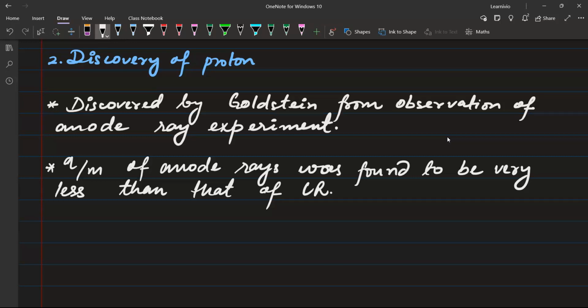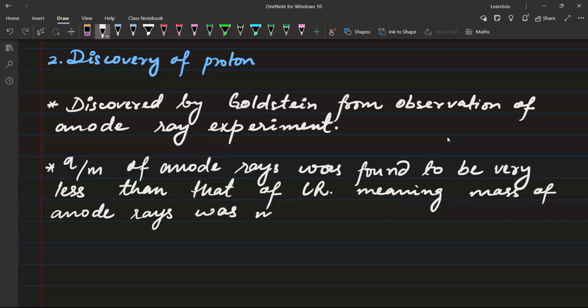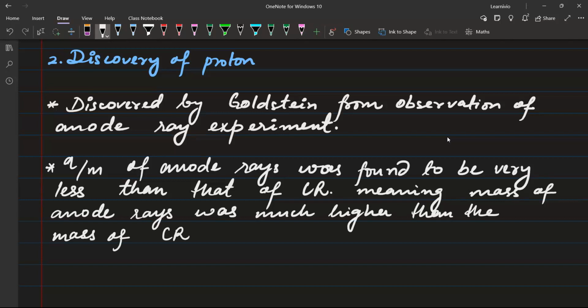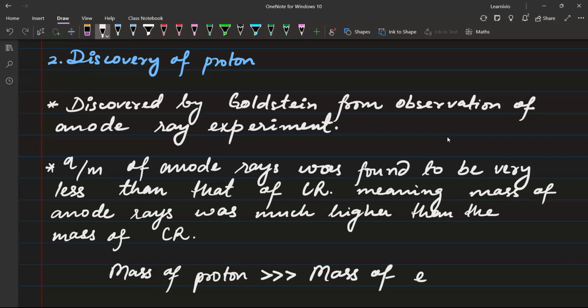So the Q by M ratio of anode rays was found to be very less than that of cathode rays, meaning the mass of anode rays was much higher than the mass of cathode rays. Because anode rays have positive charge, we call it proton, and that is why we can say that the mass of proton was much greater than the mass of electron.